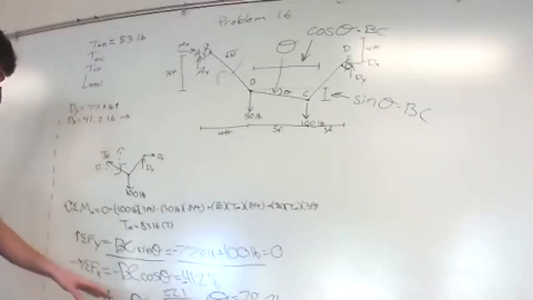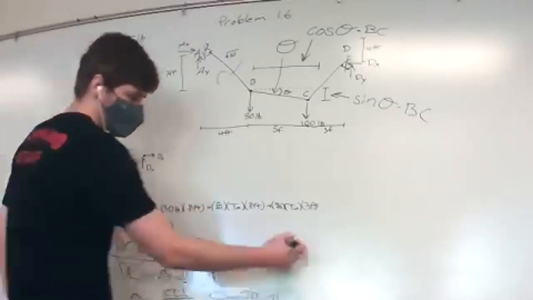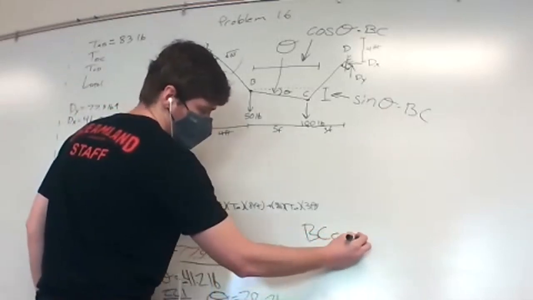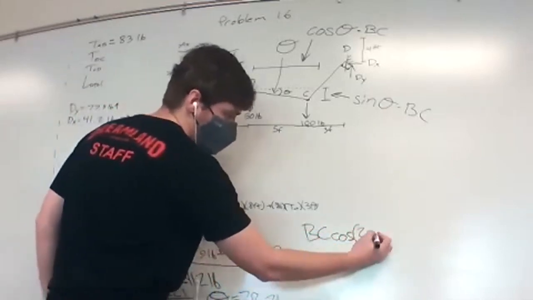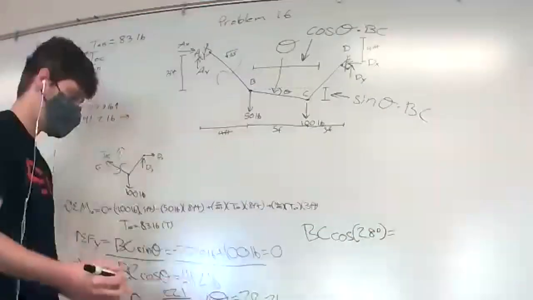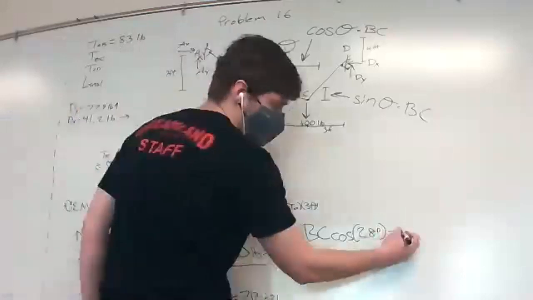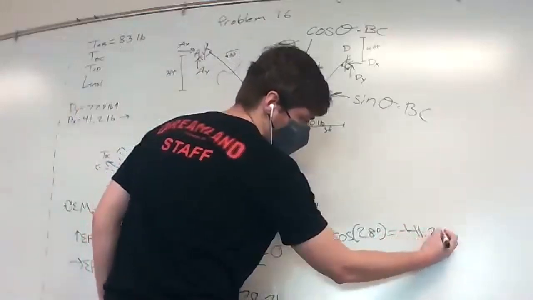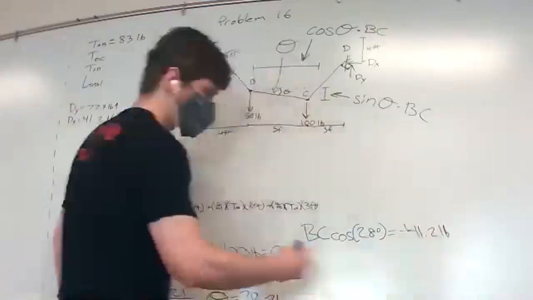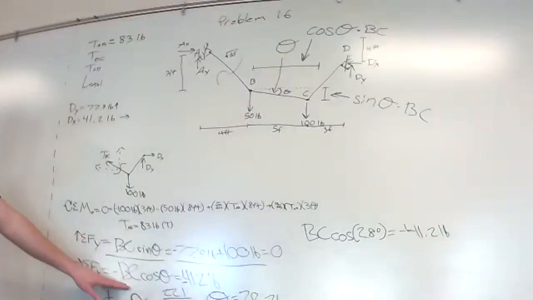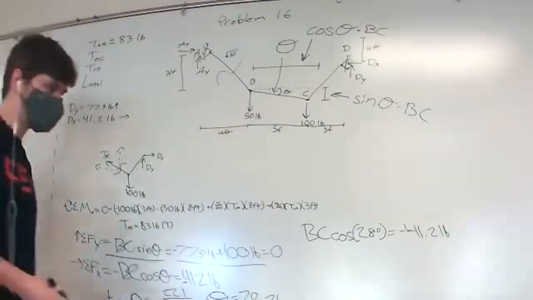And now that we know theta, we can actually say BC cosine of 28 degrees is going to be equal to minus 41.2 pounds. We can just plug in our theta value and we can find BC.